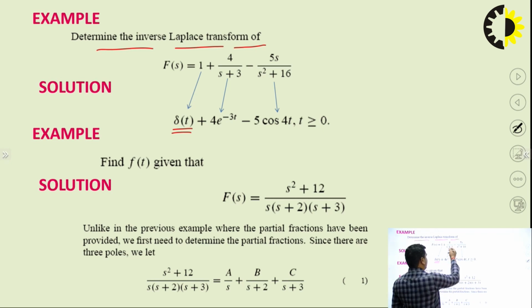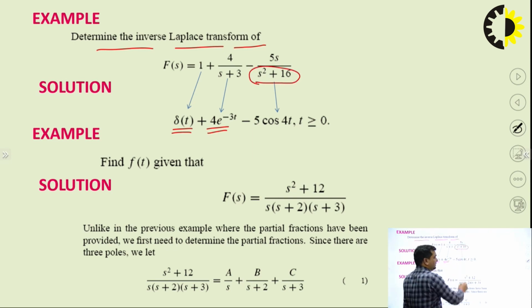Here it is 4 upon s plus 3, that is 4 e to the power minus 3t. 5s upon s square plus 16 is the trigonometric case, with s in the numerator, so it becomes 5 cos 4t for t greater than or equal to 0.